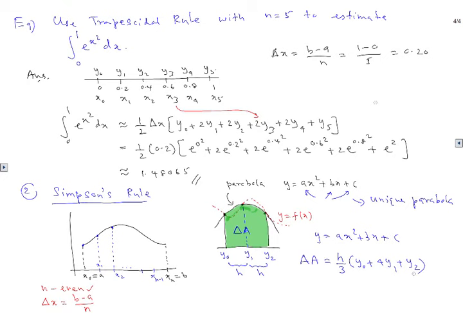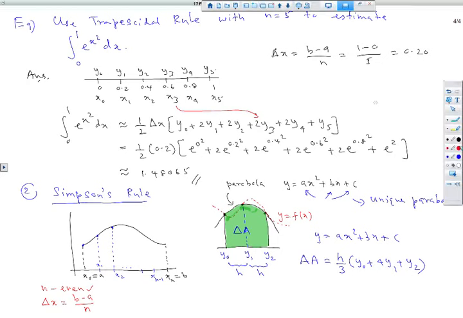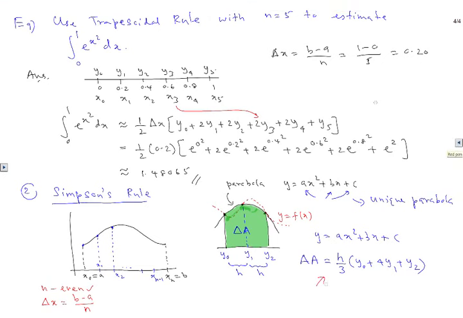I'm going to skip this argument, but we can show that if you try to find this area, you get this formula: h divided by 3 times y0 plus 4y1 plus y2.